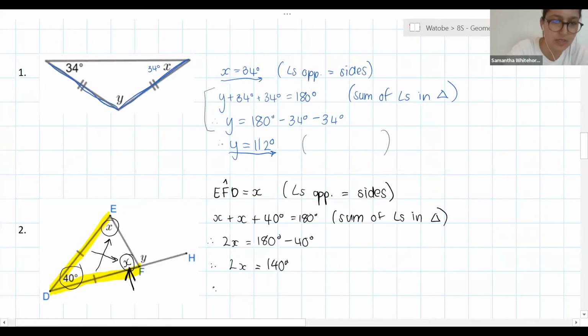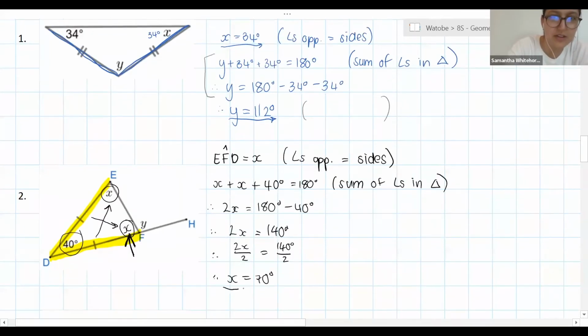Okay, I'm just going to do that in 2 steps, but keep going. So what does x equal to? 70. Awesome. Well done. Thank you. Okay, so guys, what we have so far, x is equal to 70. So now I know that both this angle up here and my angle down at the bottom, they're both 70 degrees.